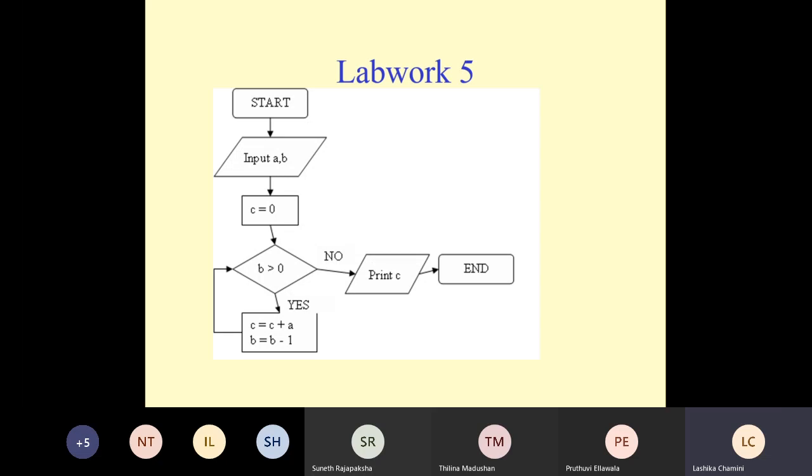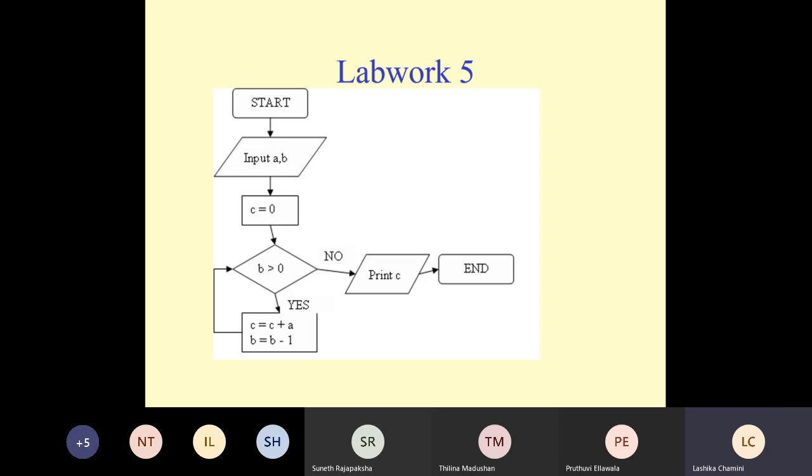I think you understand this concept. To multiply 2 by 3 means adding the number 2, 3 times. And if we are multiplying 5 by 4, that means we are adding the number 5, 4 times. I think you got this concept.